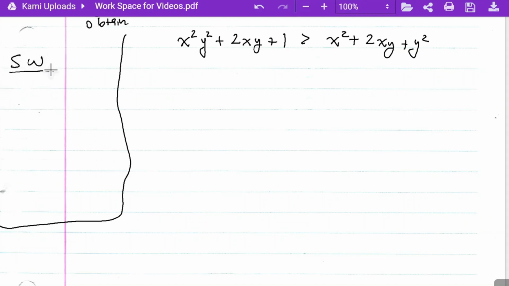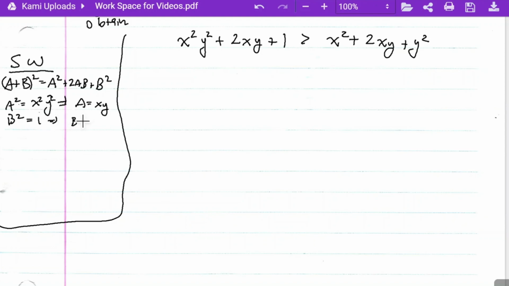So in order to complete the square, what you need to do is remember this expansion right here. So what I need to do is determine what my a squared is. My a squared is equal to x squared y squared. So then my a is xy. Okay. So then also my b squared is equal to 1.